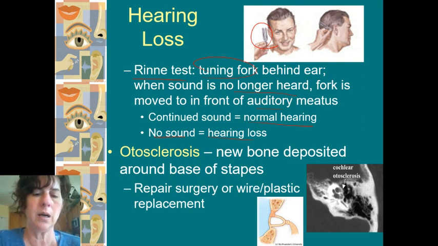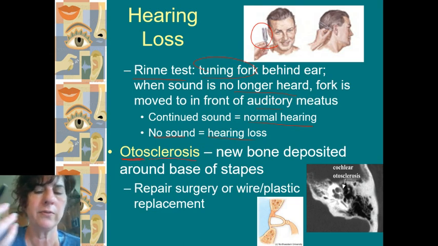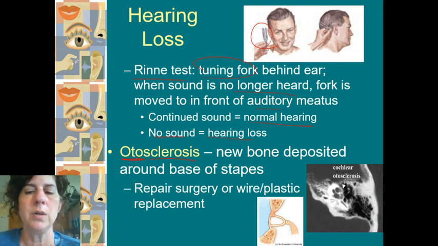And then we can also have disease due to otosclerosis. Sclerosis means scars. Oto refers to the bone. So new bone is deposited around the stapes. Remember that the stapes is meeting up with the oval window right here and has to effectively transmit a physical vibration from that bone to the oval window that then gets carried inside the cochlea.